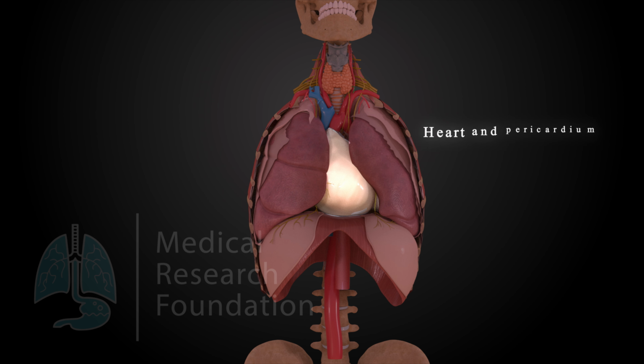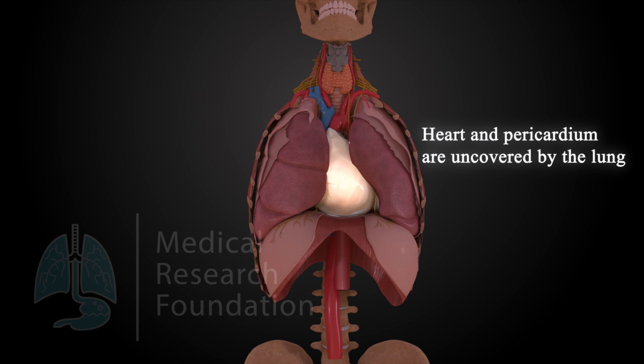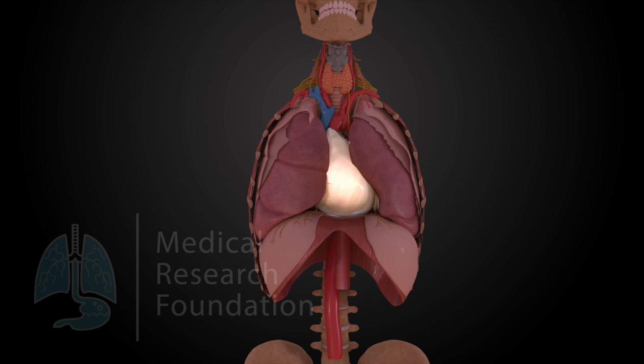In this region, the heart and pericardium are uncovered by the lung. Hence, this region is responsible for an area of superficial cardiac dullness. Below the cardiac notch, it presents a tongue-shaped projection called lingula.